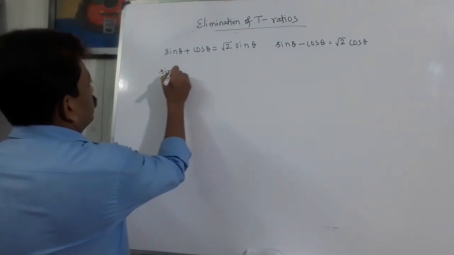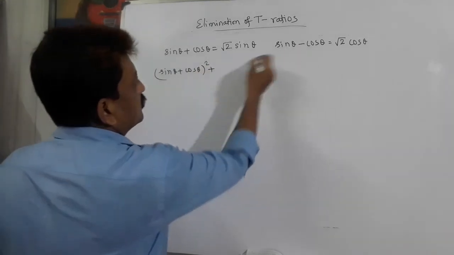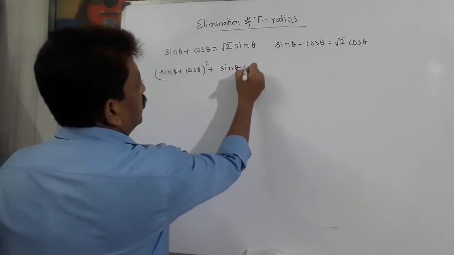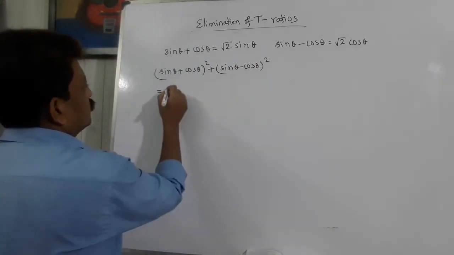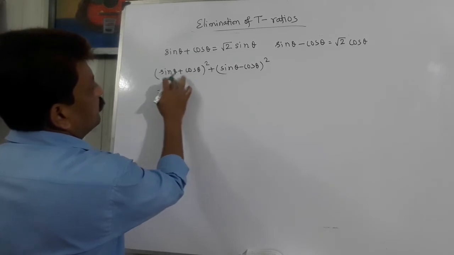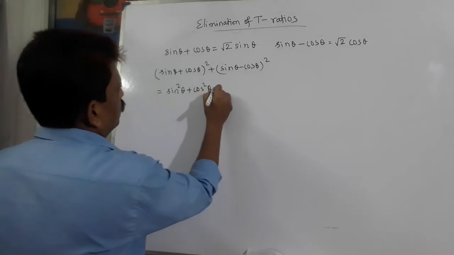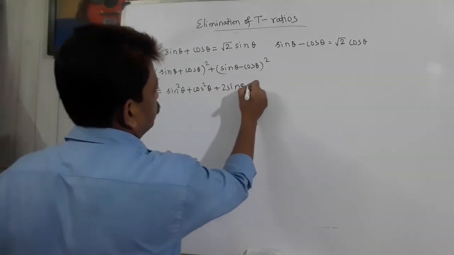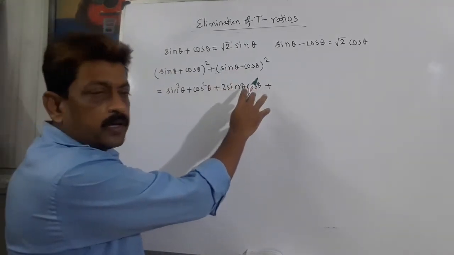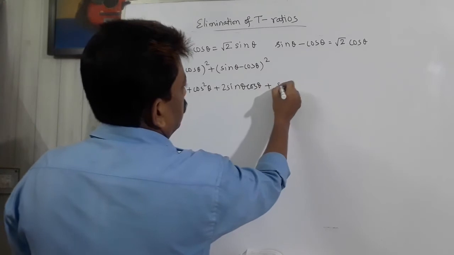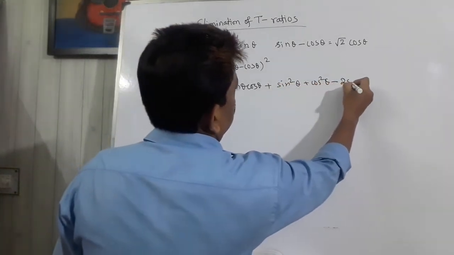So sin theta plus cos theta whole square plus sin theta minus cos theta whole square equals, it is in the form of a plus b whole square, so sin square theta plus cos square theta plus 2 sin theta cos theta, plus, in the form of a minus b whole square, sin square theta plus cos square theta minus 2 sin theta cos theta.